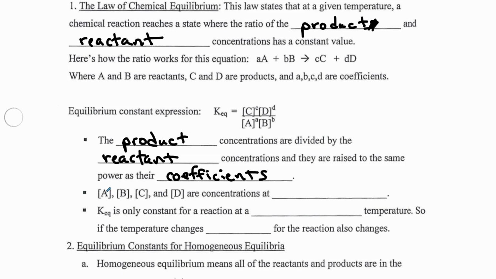So the concentrations of A, B, C, and D are the concentrations at equilibrium. That's why you see this EQ here. This is the constant. We're comparing these concentrations at equilibrium. KEQ is only constant for a reaction at a constant temperature. So the KEQ will change if the temperature changes.